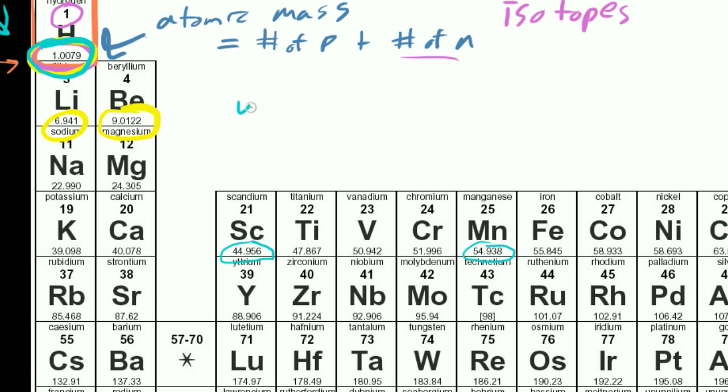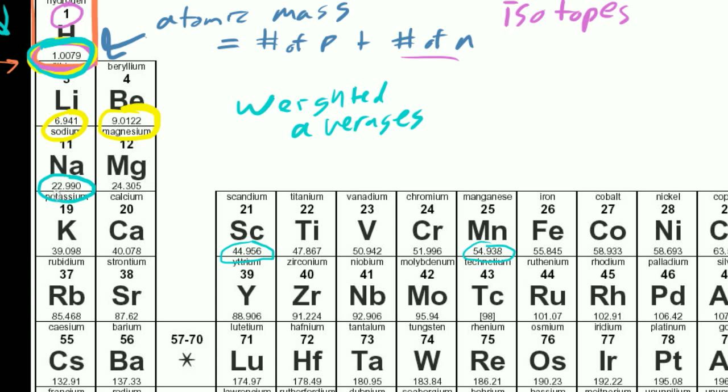So all of these are weighted averages of all the different isotopes of these different elements that we have. So, sodium, you can maybe see that we can probably say that sodium's most common isotope would probably be sodium-23.